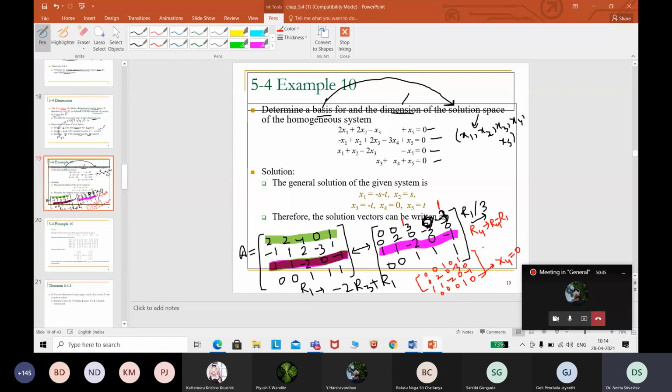And from the first equation, x3 plus x5 is 0. Second, I got 2x2 minus 3x4 equal to 0.